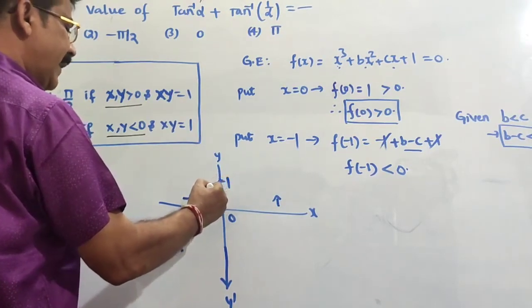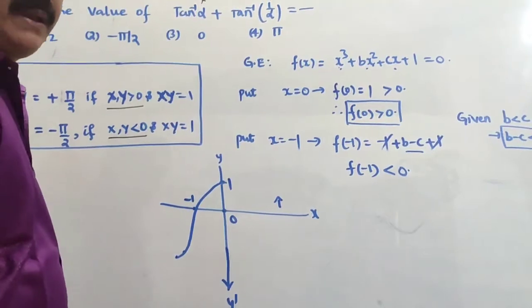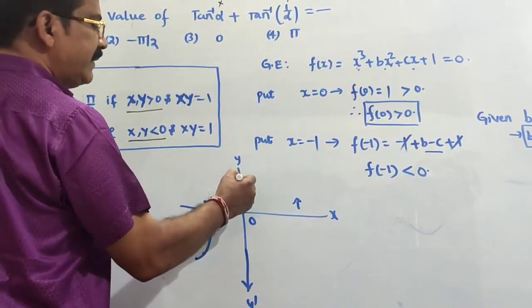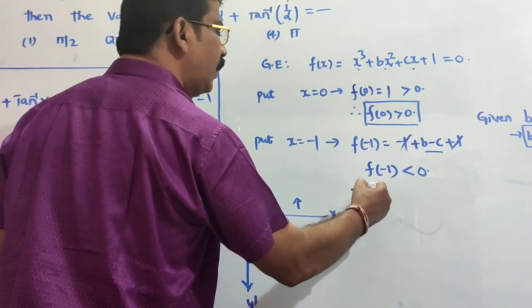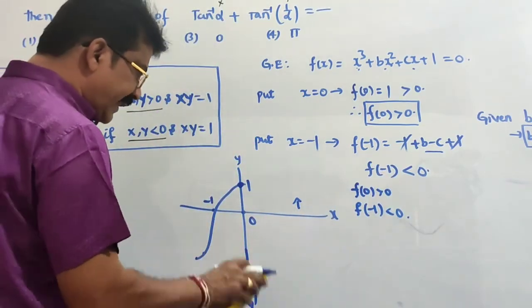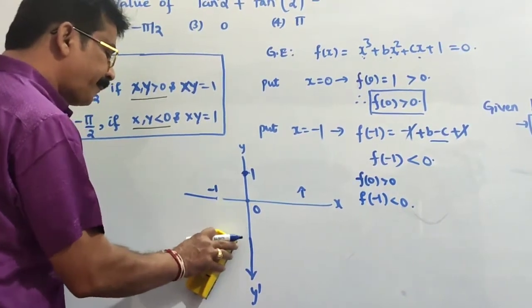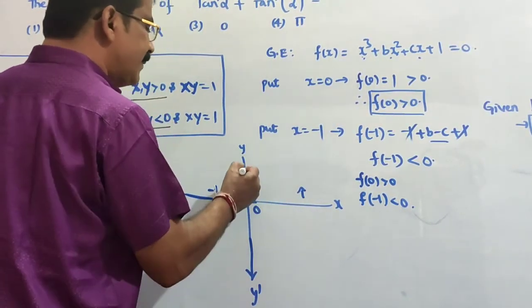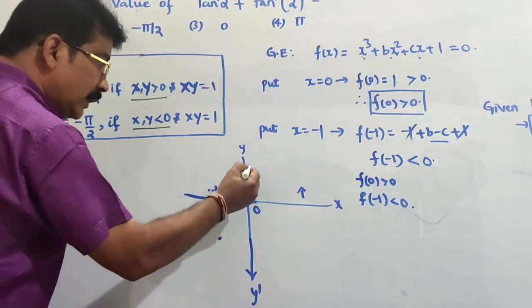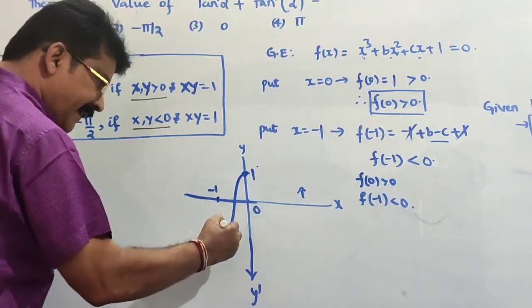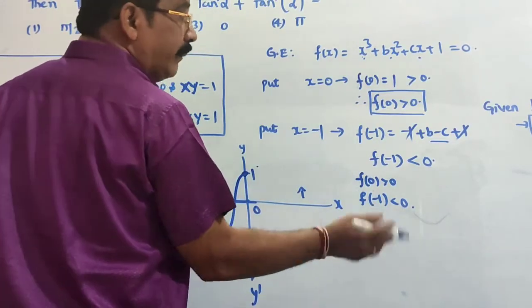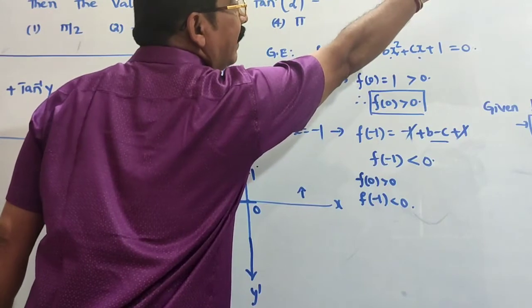Then the graph will be like this. We don't know the particular value of f of minus 1, but we know it is negative because of the condition b less than c.